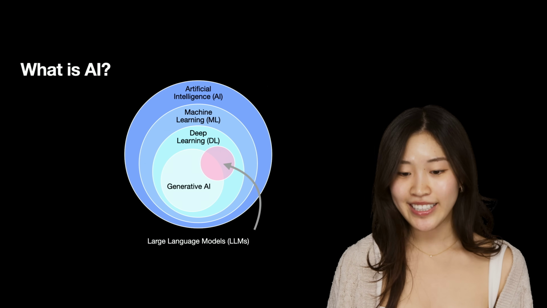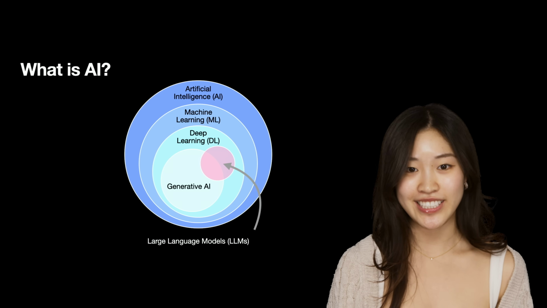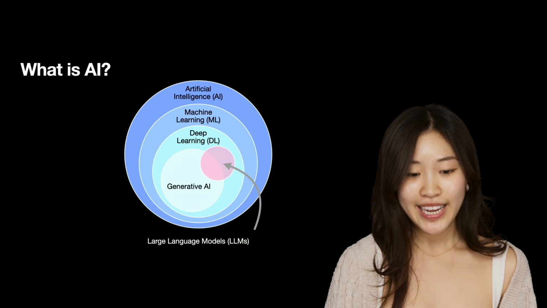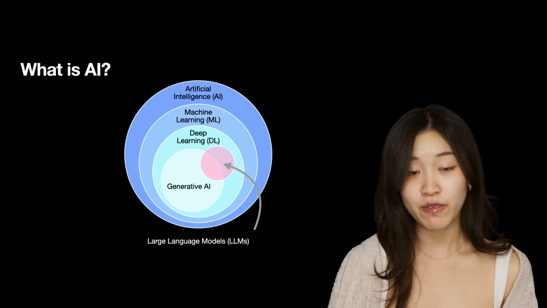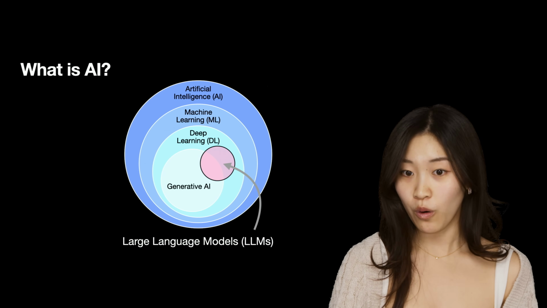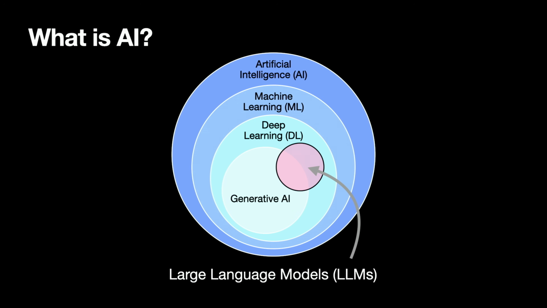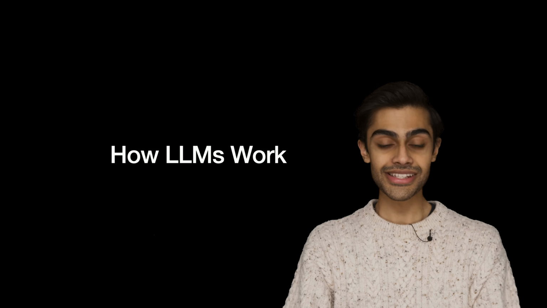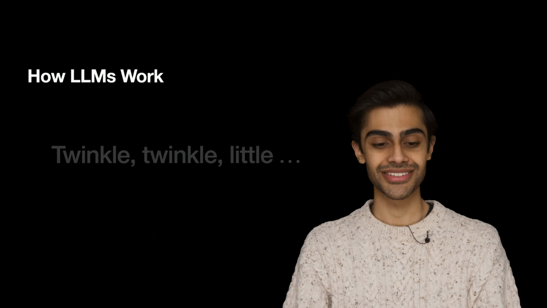As an umbrella, AI encompasses a wide range of things, as you can see on this diagram. But today we're focusing on a specific powerful subset of AI, and those are large language models, or LLMs for short. These are the systems that power tools that everyone is talking about, like ChatGPT and Google Gemini. So let's dive into how these LLMs work.